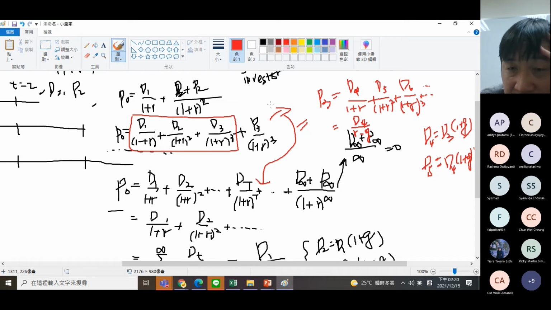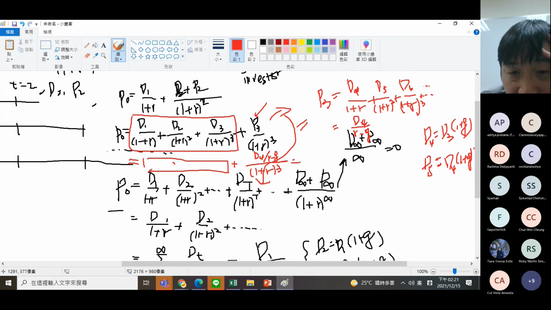Substitute it in here, and we have the same bracket plus D4 over r minus g, with denominator 1 plus r cubed.